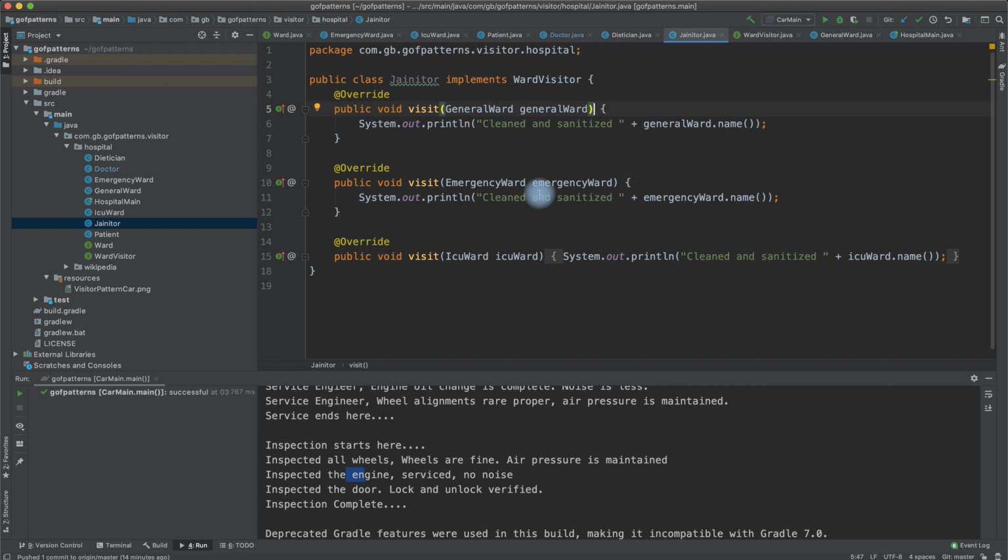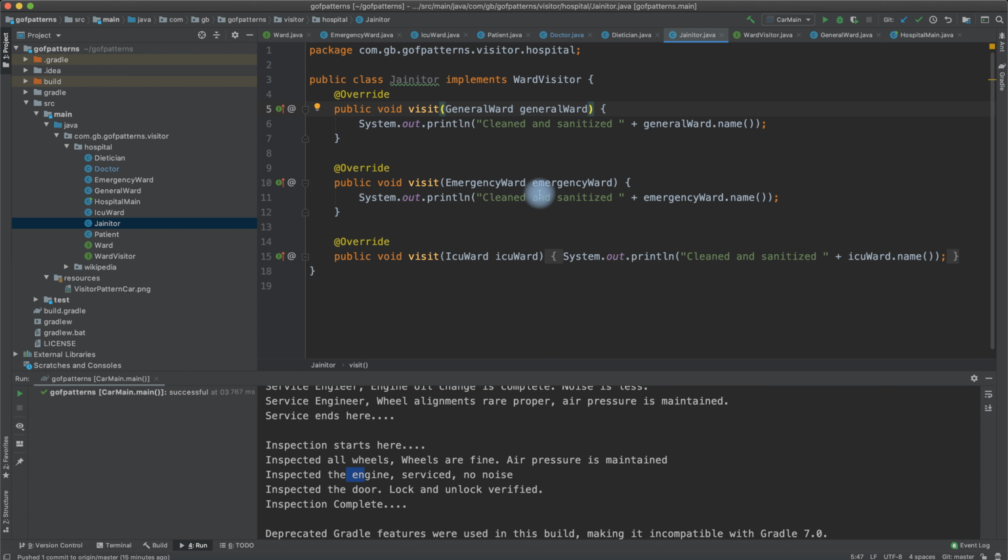This municipal person or government authority is a ward visitor. But what that person does is just an inspection. The hospital person who is the local quality inspector does a different inspection. So such kind of algorithms can be added on top of these wards without touching the underlying wards.